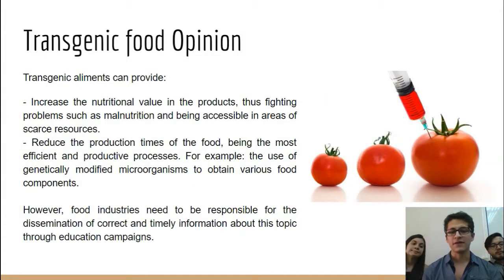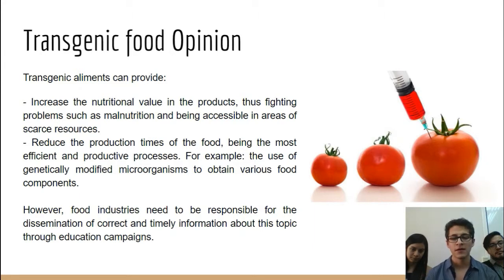About the transgenic food opinion. Transgenic food can increase the nutritional value of products, thus fixing problems such as malnutrition and being accessible in areas of scarce resources. Also, it reduces the production time of food, making the process more efficient and productive.